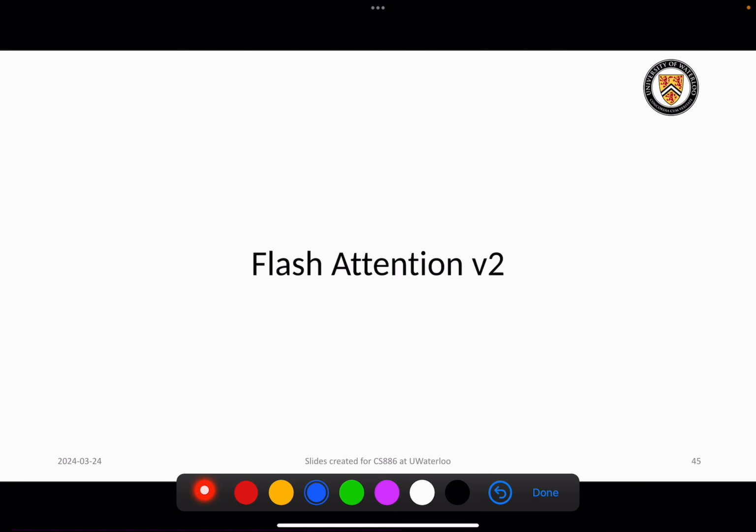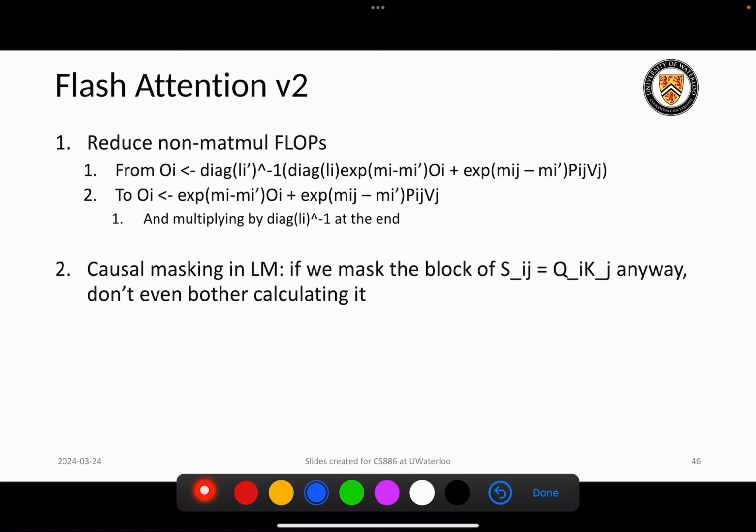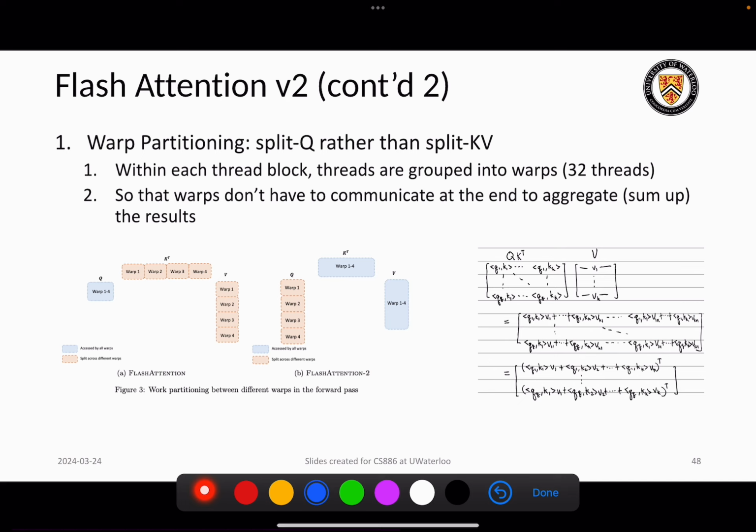Now let me talk about flash attention version 2. There are a few improvements over the existing one. If you recall from before, we loaded this and then this and then this, computed it, and then computed this, but back here we divided by some L, and then here we multiplied that L back and divided by L prime, which is the sum of everything.